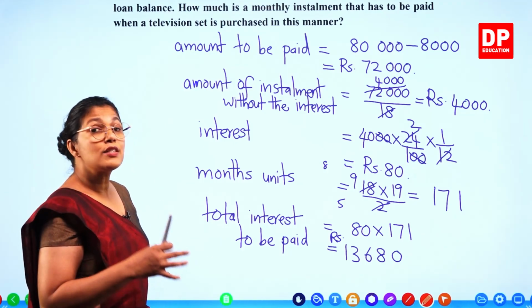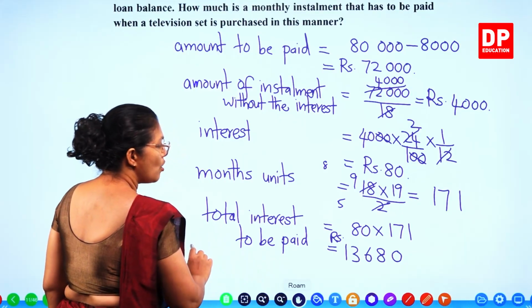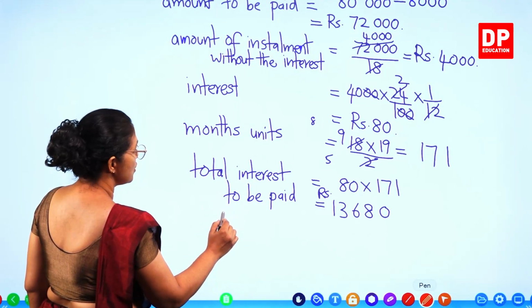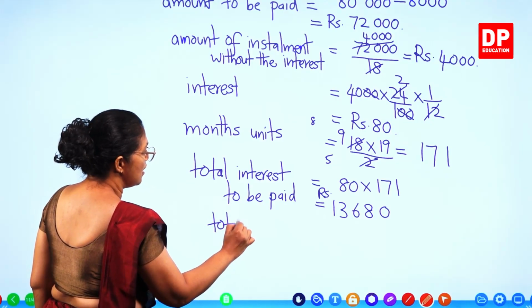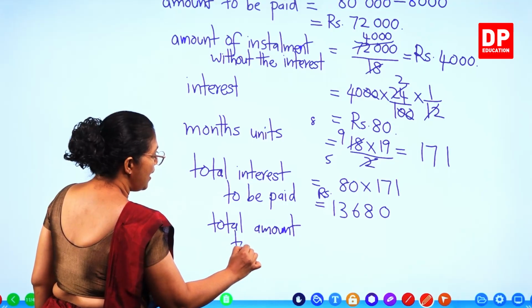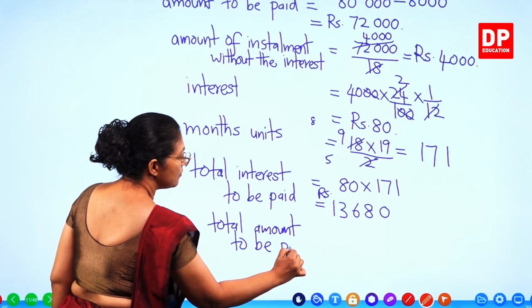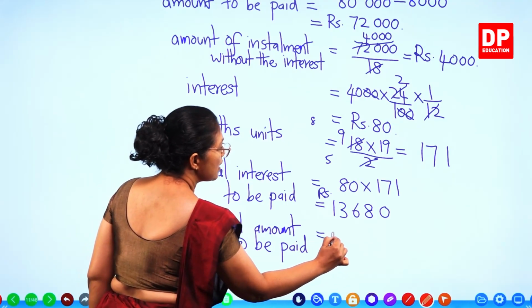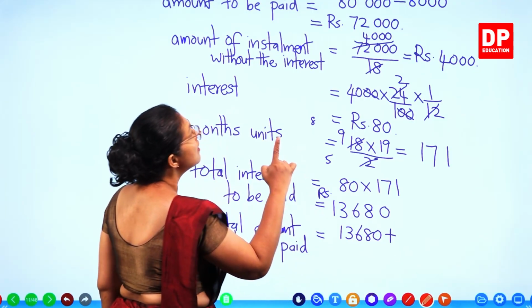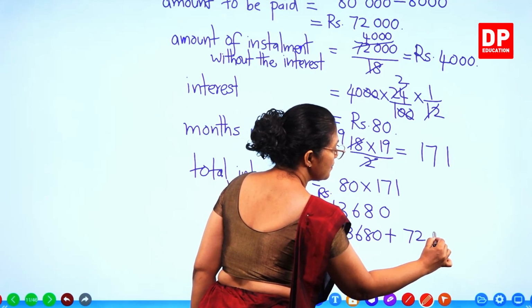Now interest is this, and what is the amount to be paid? 72,000. So what's the total amount? Altogether, you can add the interest to the amount. Total amount to be paid, that's 13,680 plus 72,000 rupees.